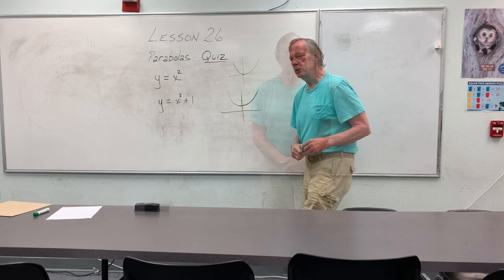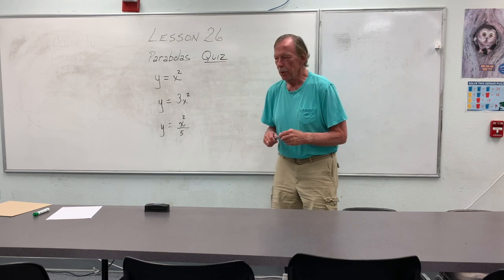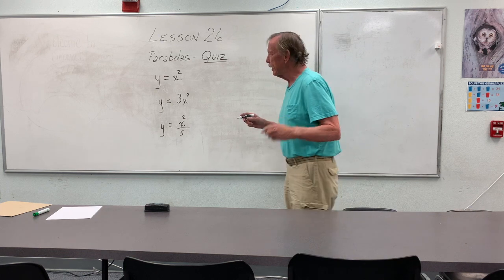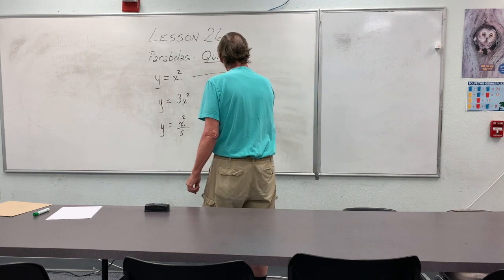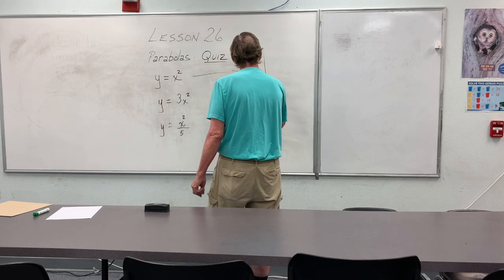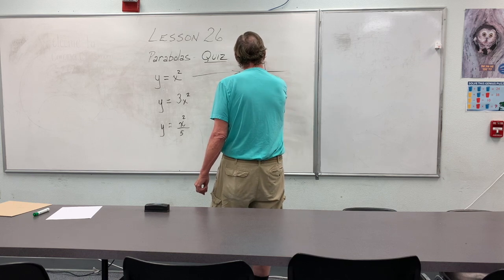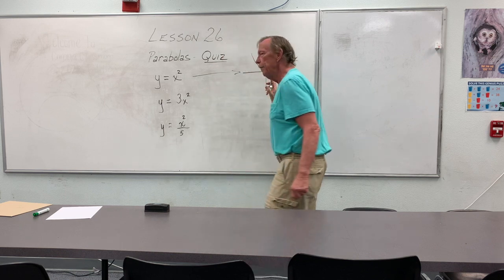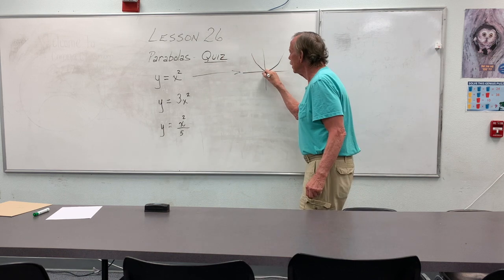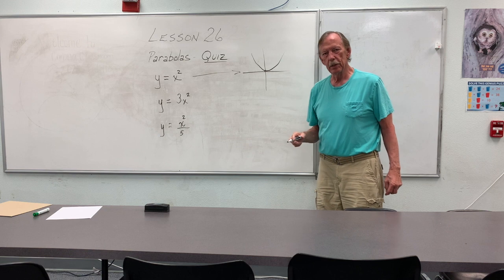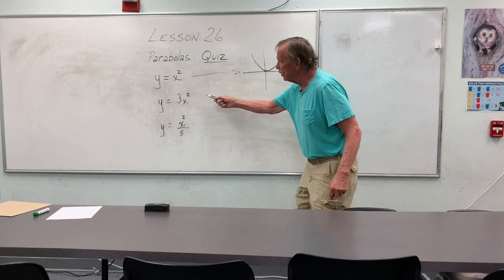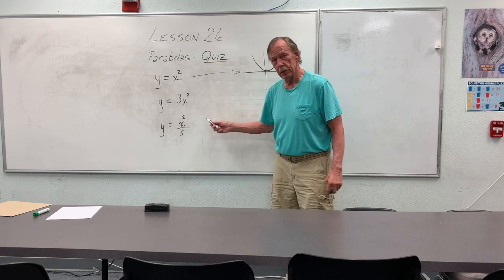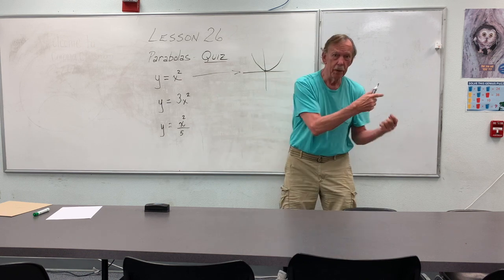I'll give you another question. In your second problem, we begin with the basic shape of y equals x squared. Happy little smiley face parabola, y-intercept at 0. Now the y-intercept on both of these is at 0, so what's going on? Well, b is 0, so there's no shift that way or that way.